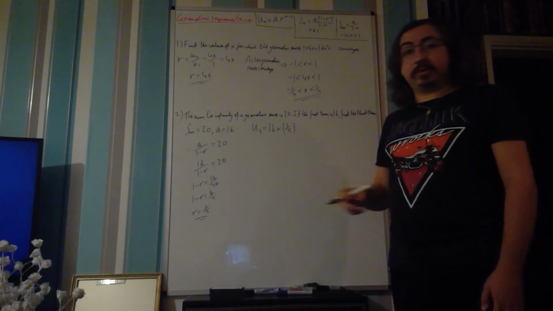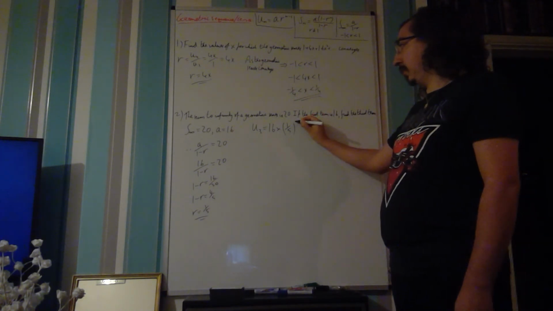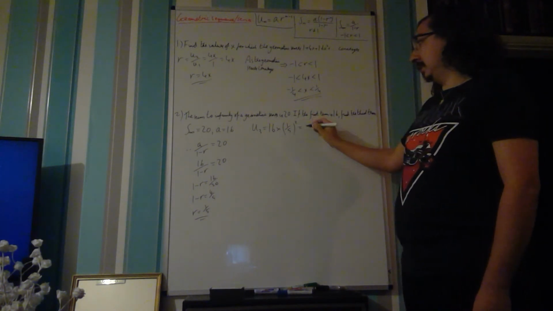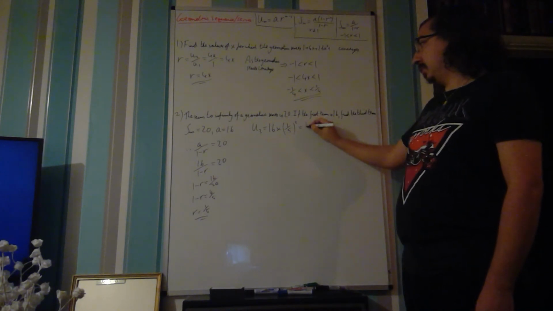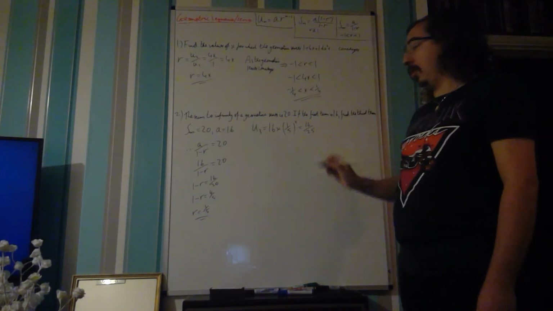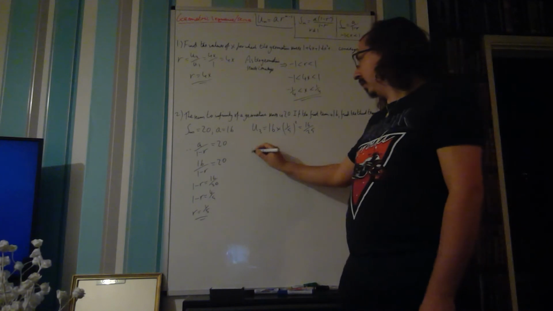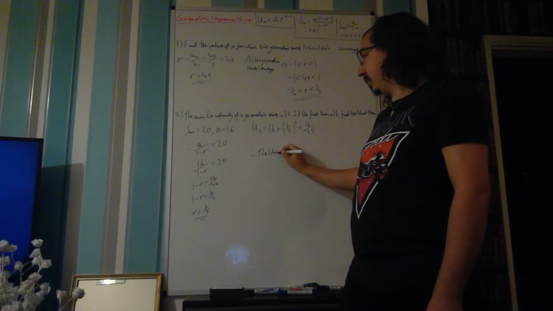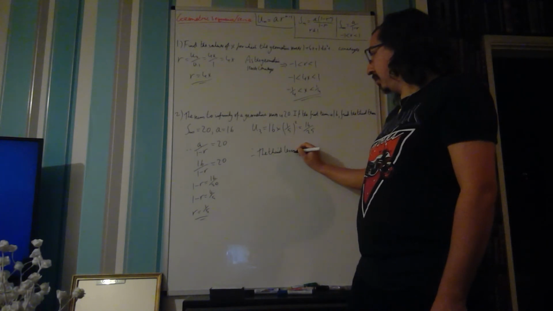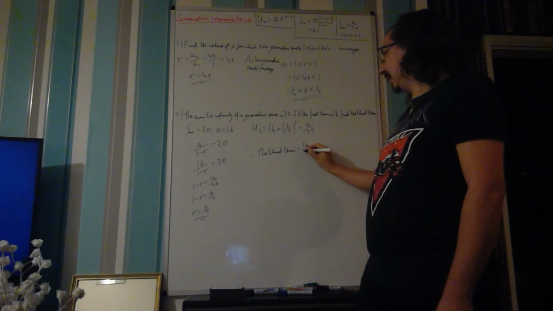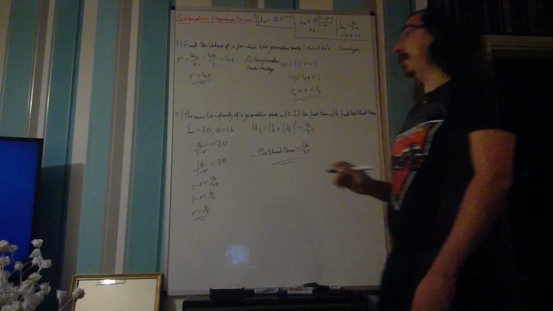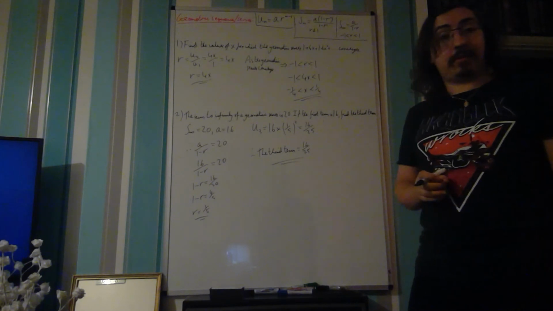So we're looking for the third term, so 3 minus 1, which is 2. 16 times 1 over 5, where 1 over 5 is squared, gets us 16 over 25. So therefore, the third term is equal to 16 over 25. And that's the end of that problem.